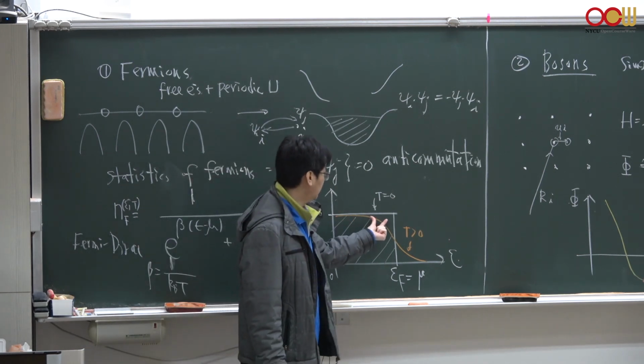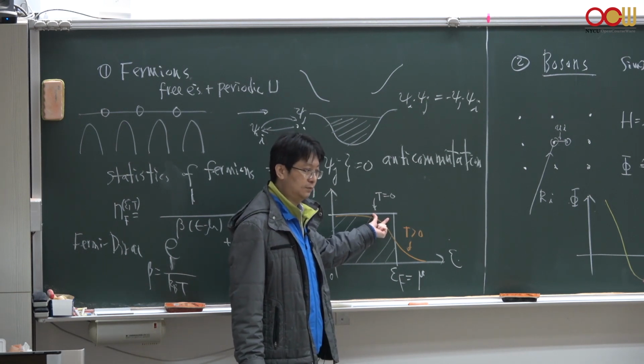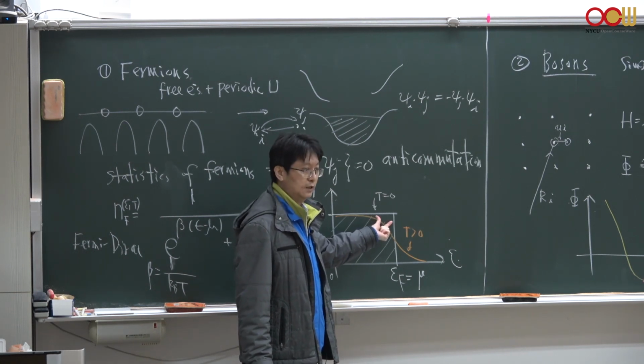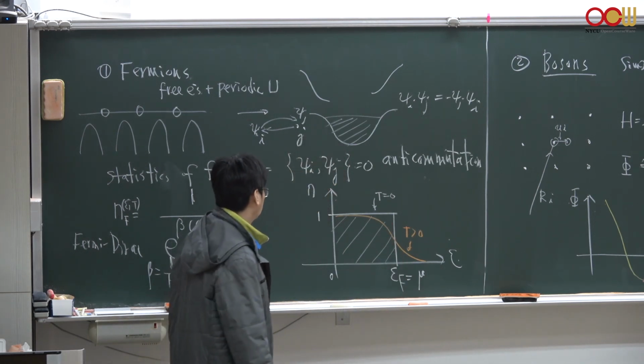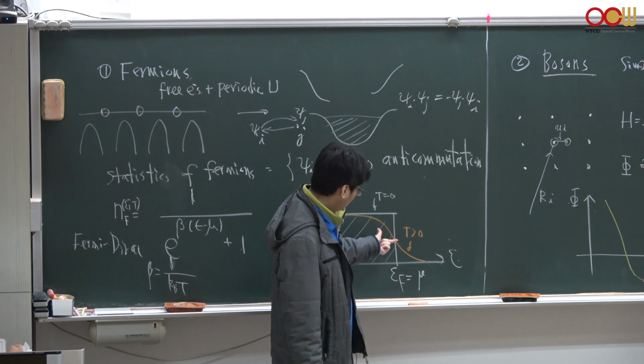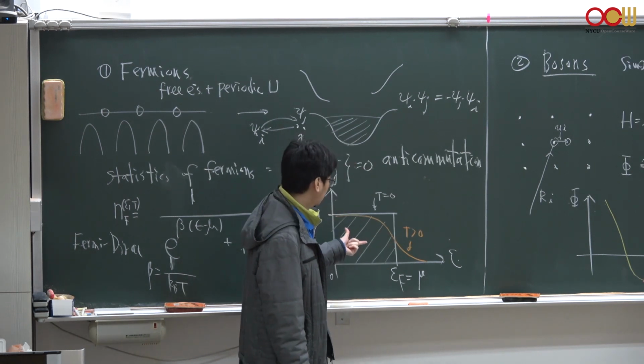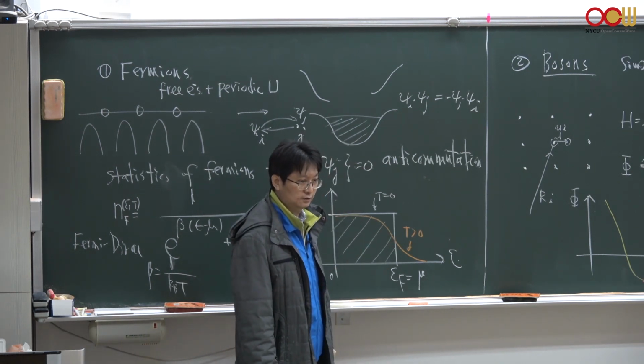So there are some missing probabilities right below the Fermi energy, and those electrons go to the higher states above the Fermi surface. And this feature is called the thermal excitation of electrons.